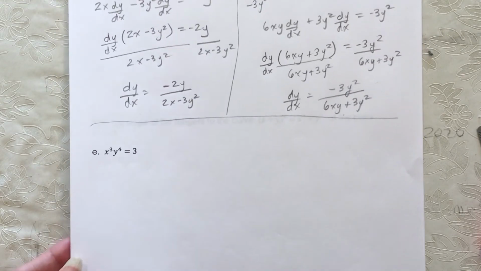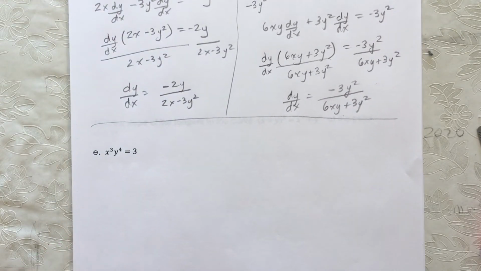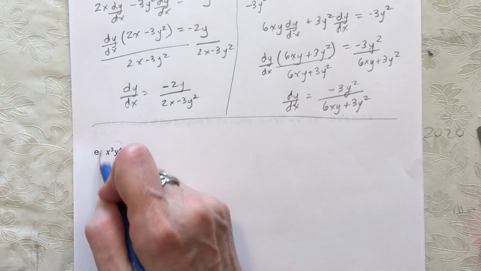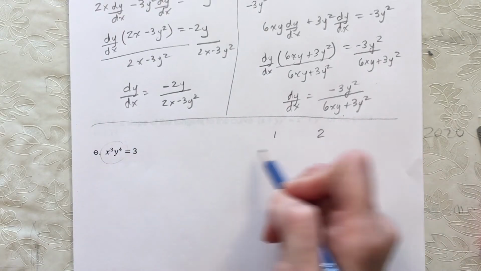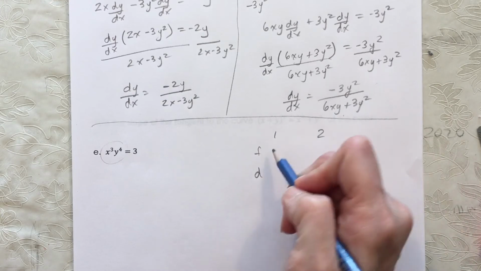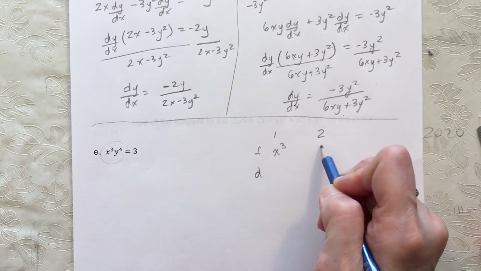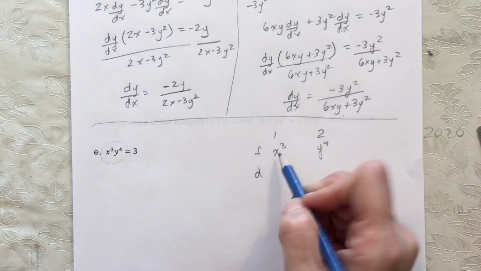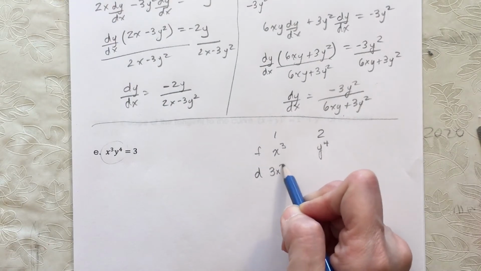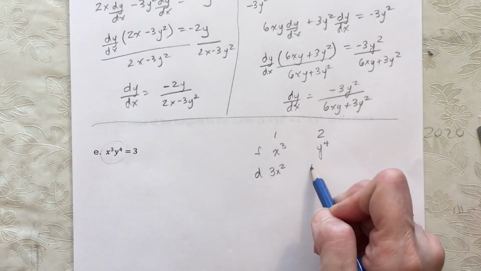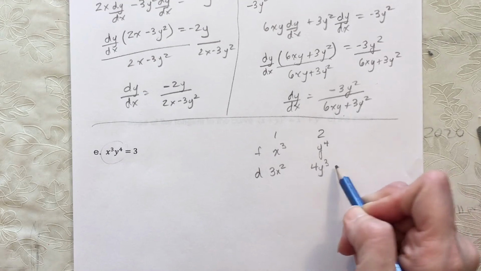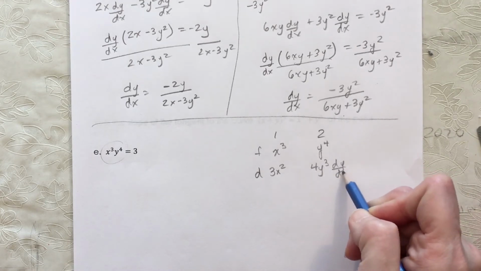Okay, next one, x cubed y to the 4th equals 3. So we've got a product rule here. x cubed is the first, y to the 4th is the second. The derivative of x cubed is 3x squared. The derivative of y to the 4th is 4y cubed times dy by dx.